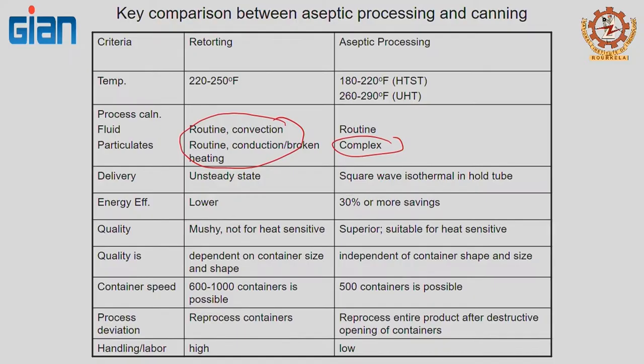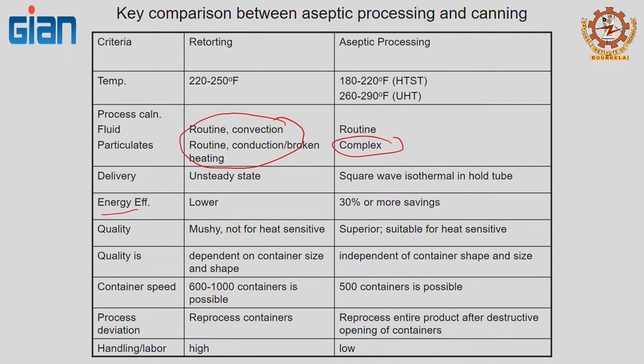And looking at energy efficiency, canning is more energy intensive. Part of the reason is you take a certain amount of energy to create steam, and there may be steam loss along the way, and then you deliver it to the canning equipment, which in turn heats your product, so there is going to be a lot of wastage of steam.